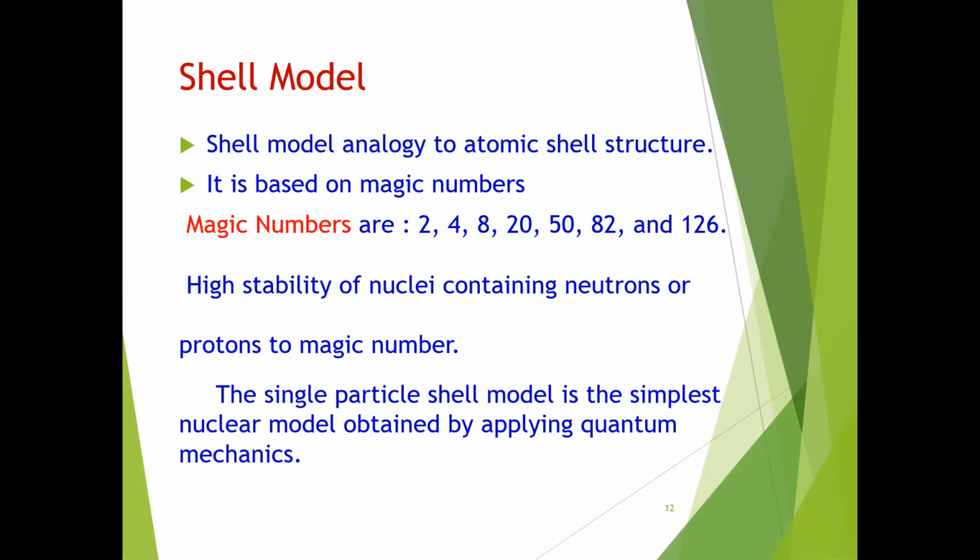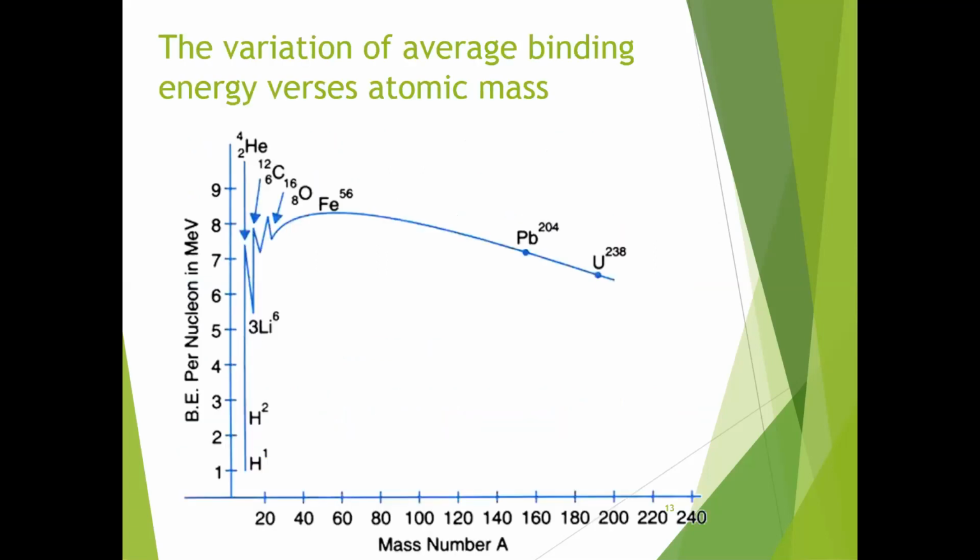The single particle shell model is the simplest nuclear model obtained by applying quantum mechanics. If we observe some interesting phenomena by taking the graph between the average binding energy and the mass number, that is B by A against A, we can get some interesting points.